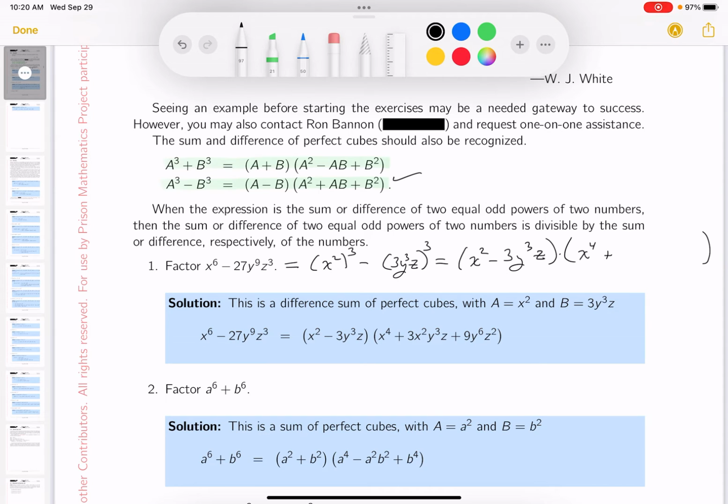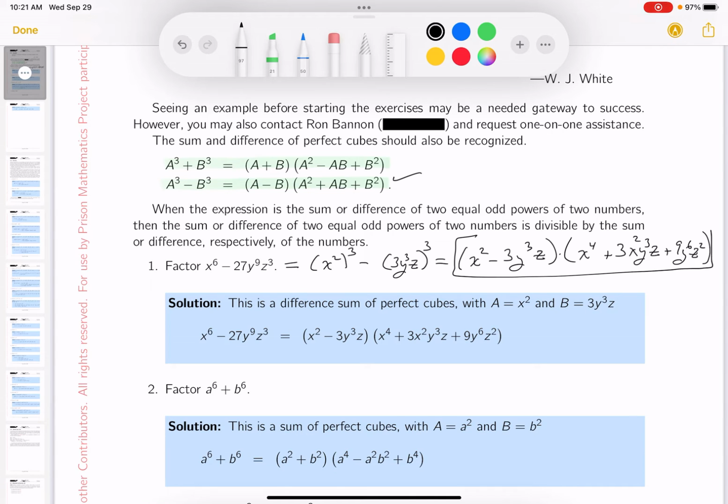So that's plus 3x squared y cubed z. Yeah, I like to keep the alphabetical order with numbers up front. And last but not least is the square of the last term, 3y cubed z, which would be plus 9y^6 z squared. Now mistakes happen.